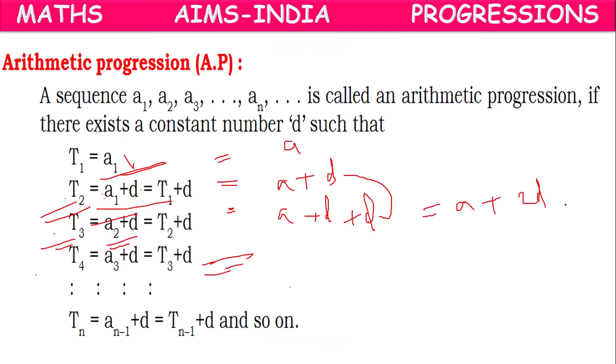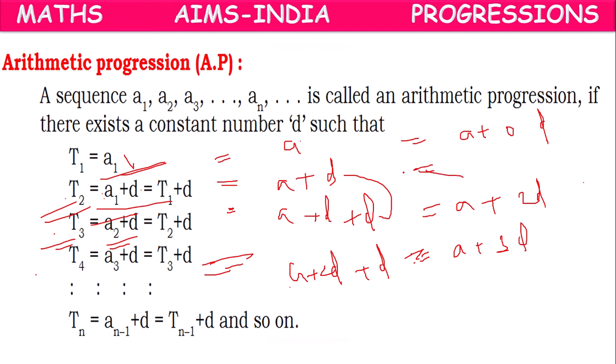Next, fourth term: for the previous term A + 2D we have to add D, then it becomes A + 3D. Or this A can be written as A + 0D, and this A + D can be written as A + 1D.